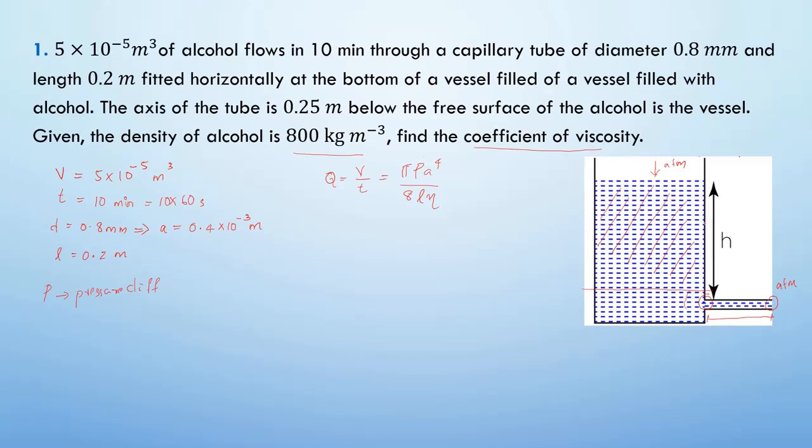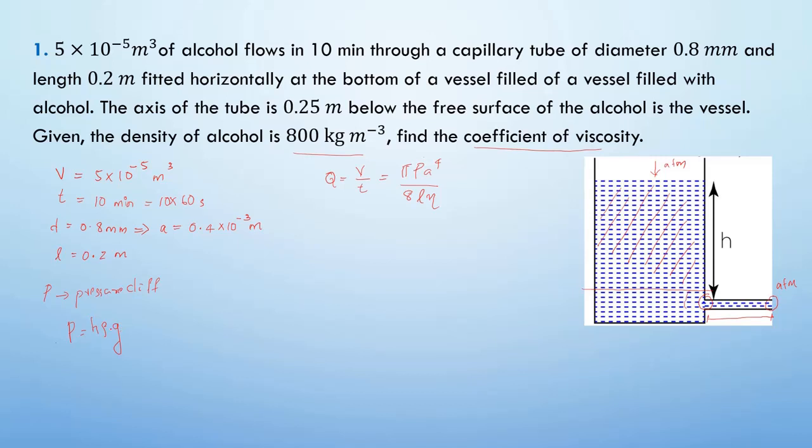The pressure imparted by a liquid through a height h which has a density rho is given by P = h rho g. So, this is the pressure imparted on a liquid by a liquid column of height h, density rho, at a constant gravity g, which is 9.8 meter per second square.